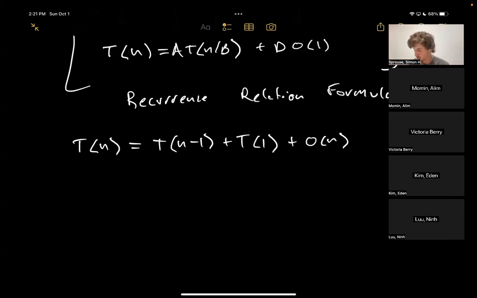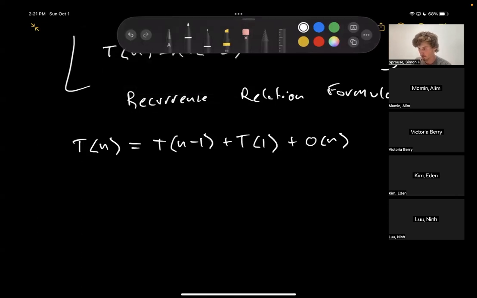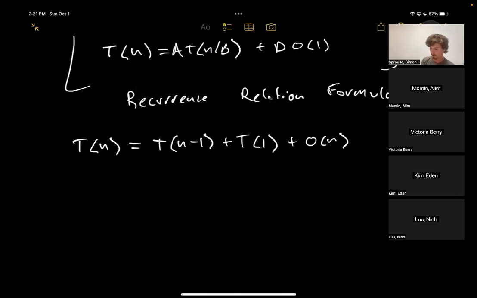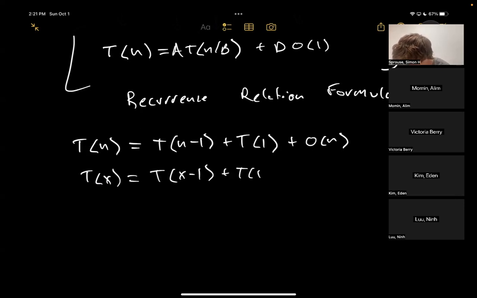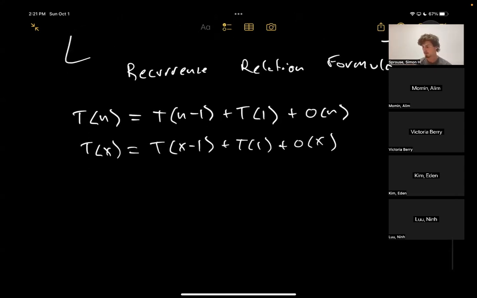Specifically for solving a recurrence relation, usually your best bet is to just start plugging different things into this recurrence relation. So this is a formula. We could just plug x in here, plus T of 1 plus O of x, right? This is completely valid. We can absolutely manipulate this equation however we want. So what happens when instead of an n input here, we change this to an n minus 1?